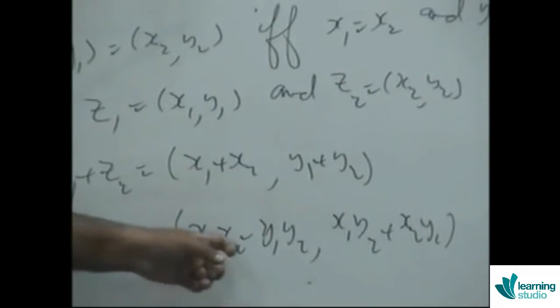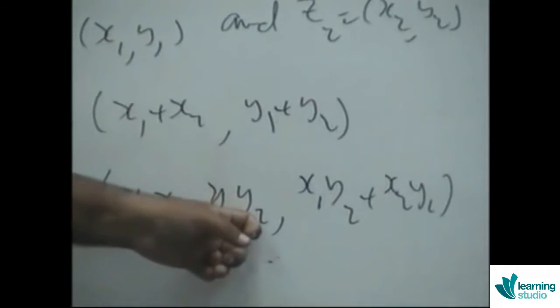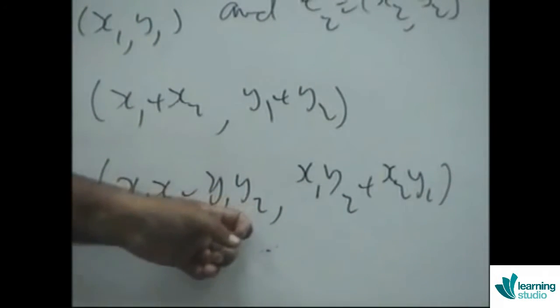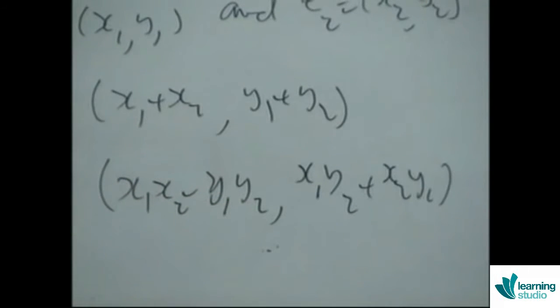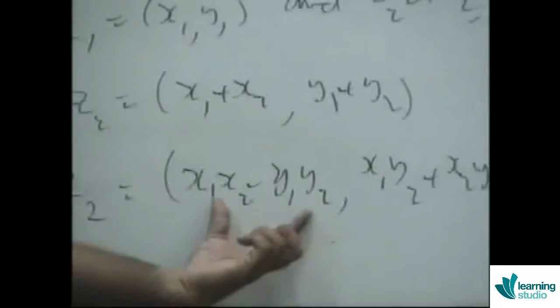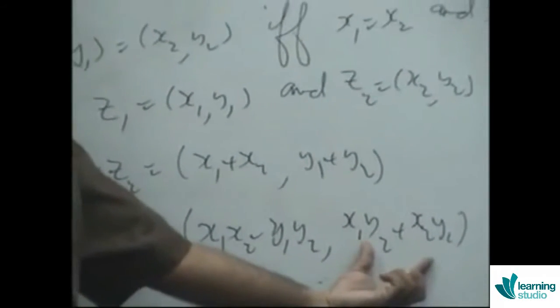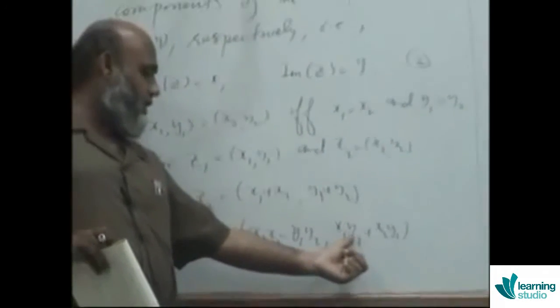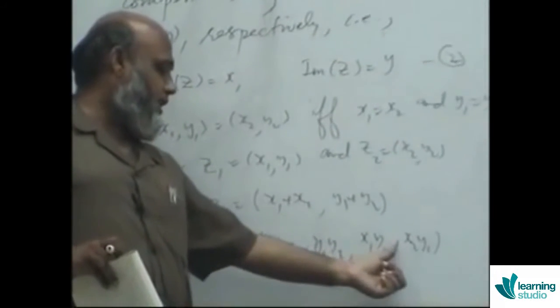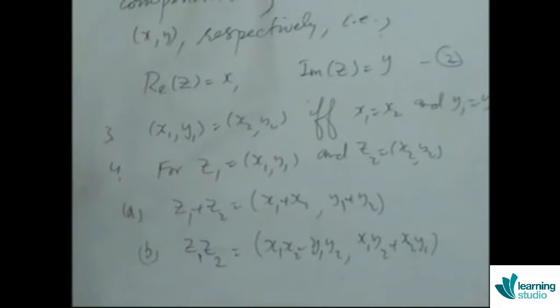The product of the two first components minus the product of the two second components is considered to be the first component of the product. Similarly, this is the second component of the product, x1 into y2 plus x2 into y1. Okay, so this is the multiplication defined over the complex numbers.